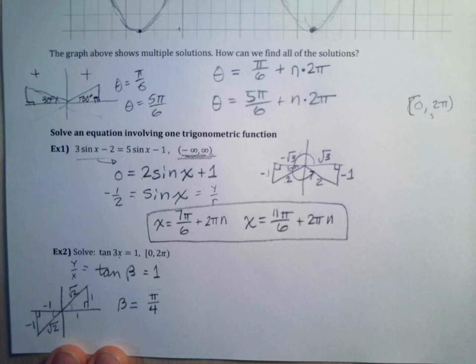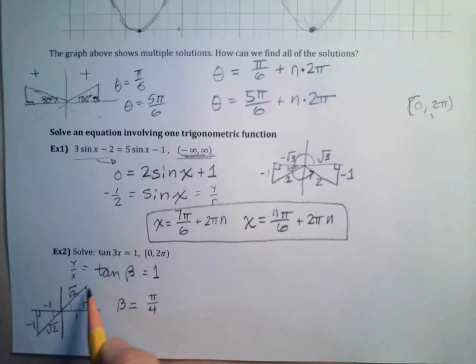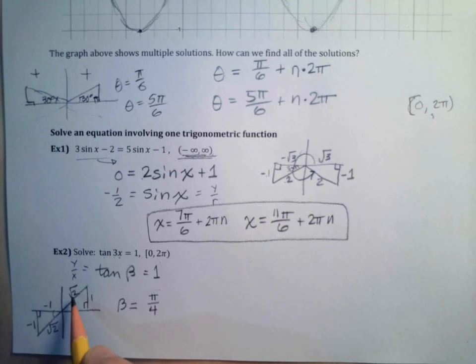But also, in this case, it's straight across, right? So how do I get from this one to this one? I could just add pi.